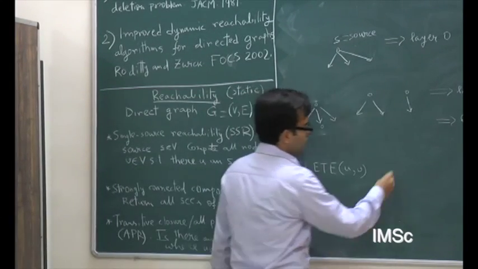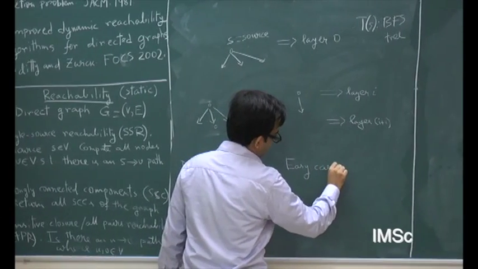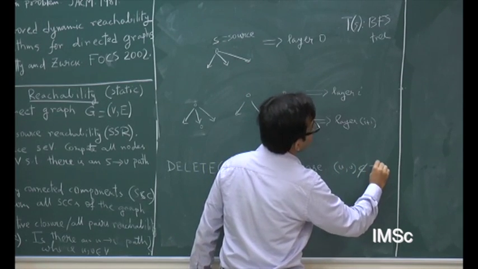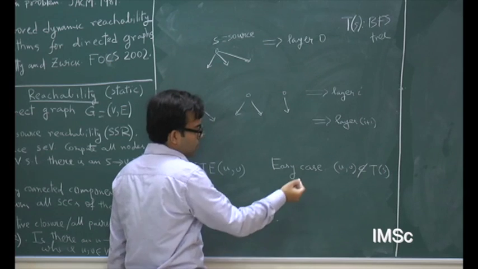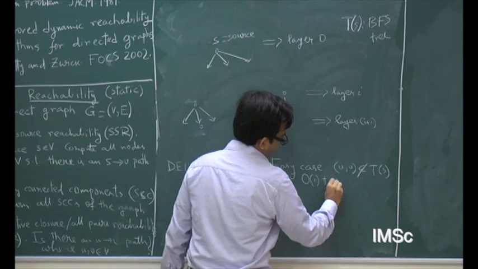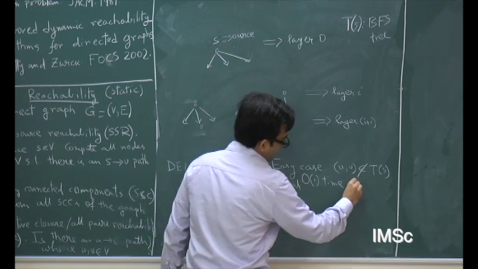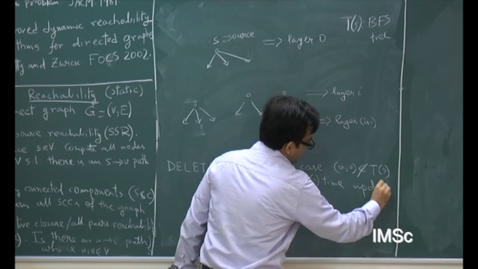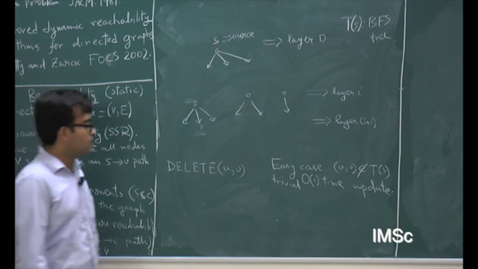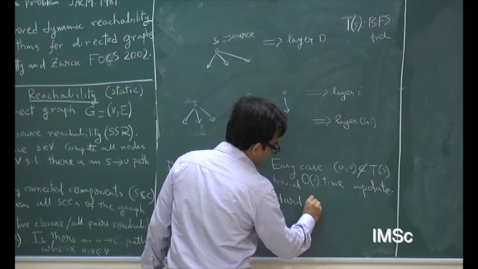Exactly. If UV does not belong to this tree, why is this easy? This is a trivial one-time update. Right? Do nothing. You are only maintaining the BFS tree.